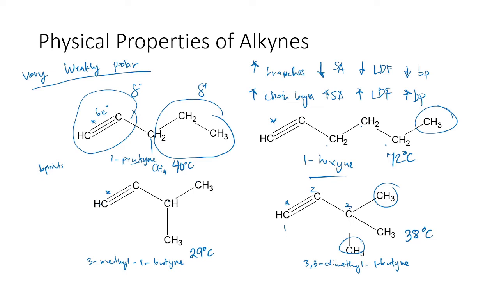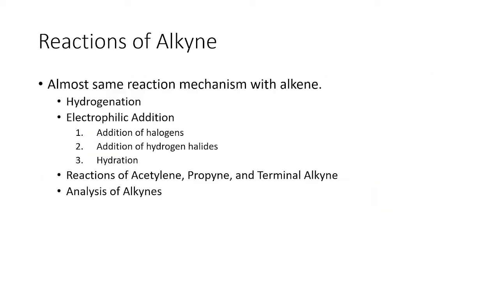Moving on to the reactions of alkynes. So basically, when we talk about reactions of alkyne, it is actually comparable to the reactions of alkenes. And by reactions of alkenes, this is actually related to our pi electrons again.